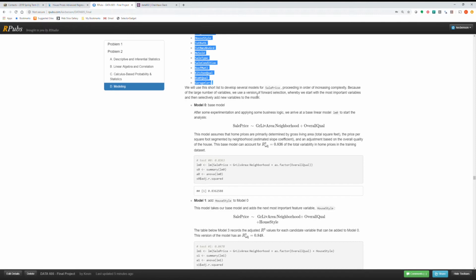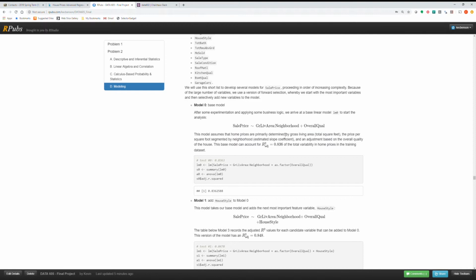I applied a version of forward selection by starting out with some of the key variables and then selectively adding variables one by one going forward. So the base model starting out was a sale price versus gross living area segmented by neighborhood, as well as an adjustment for overall quality.